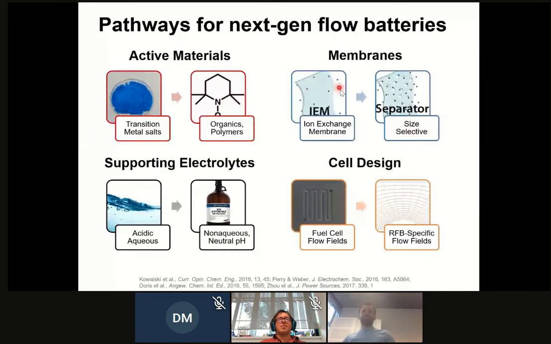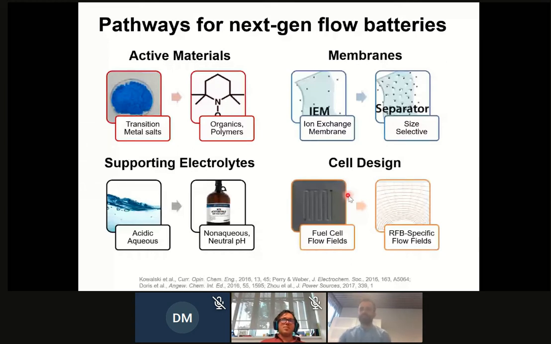Can you transition from dense ion exchange membranes, which are quite expensive, into some sort of porous separator that would decrease the cost of production significantly? Other people are looking at electrolytes. Can we transition from aqueous media to non-aqueous media? The advantage is that your electrochemical stability window would be perhaps multiplied by 2 or 3. So there is a value there.